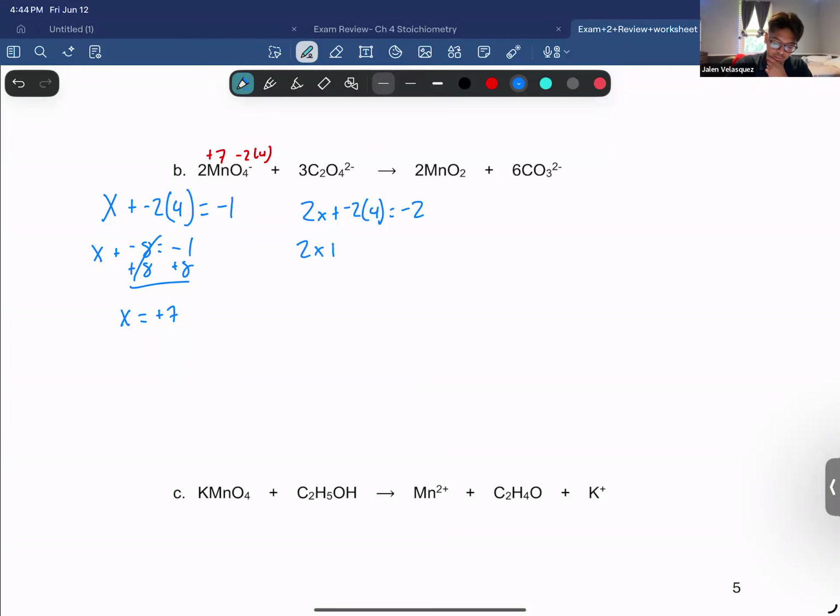So 2x plus -8 is equal to -2. Bring the 8 to the other side. 2x is equal to +6. Solving for x, divide both sides by 2. X is equal to +3. So carbon is +3, oxygen is -2.